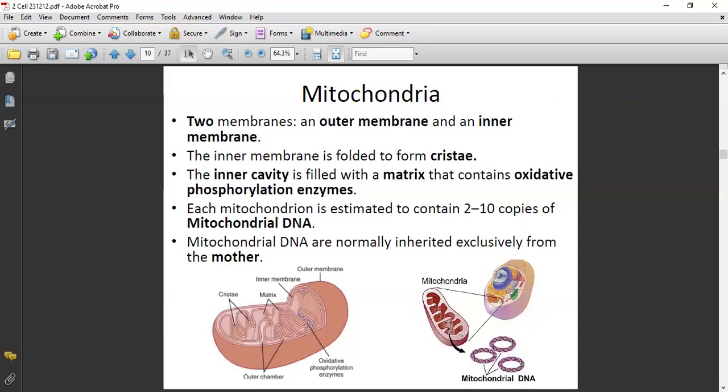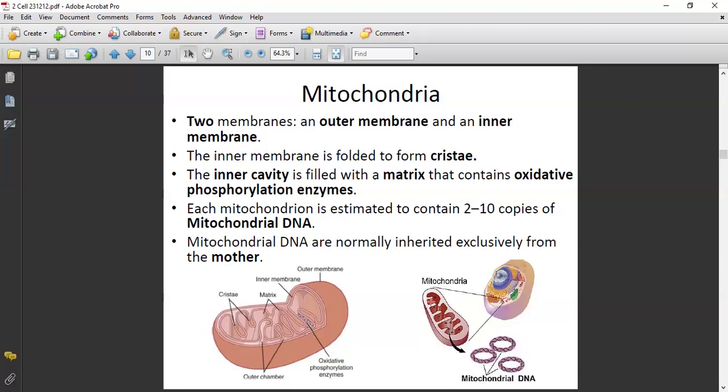And when a sperm and the egg merge together to form the beginning of you, the mitochondria come from your mother. The sperm doesn't carry that much stuff. It only carries human DNA.